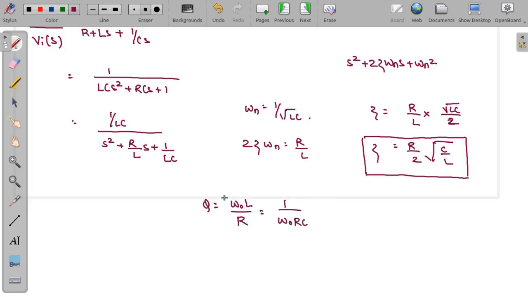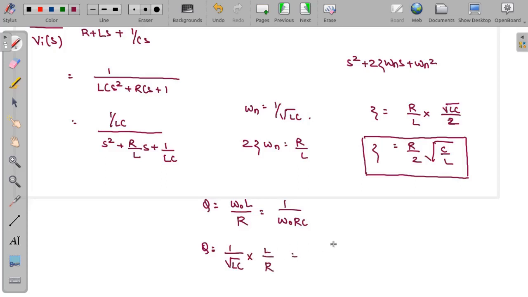So I will be using this expression. So quality factor basically describes the quality or the energy storing capacity of your capacitor or your inductor. Okay, so omega naught over here is 1 by under root LC into L by R.